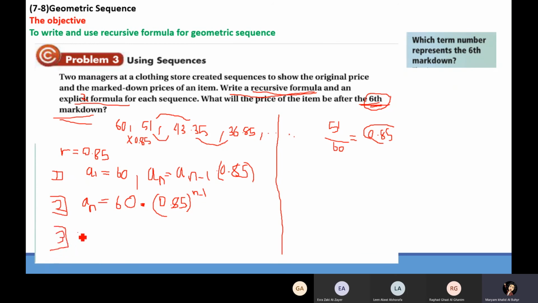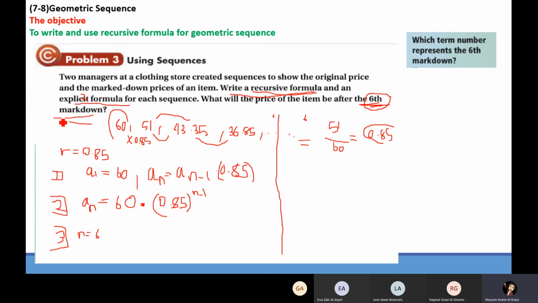To find it, when N equals 6, because this is a word problem, I must focus. The sixth term is this one, right? 1, 2, 3, 4, it's not given here, 5, 6. But keep in mind the sixth marked down, and I'm talking about a word problem. The first price was the initial price. This is not the sixth term, this is the sixth marked down.